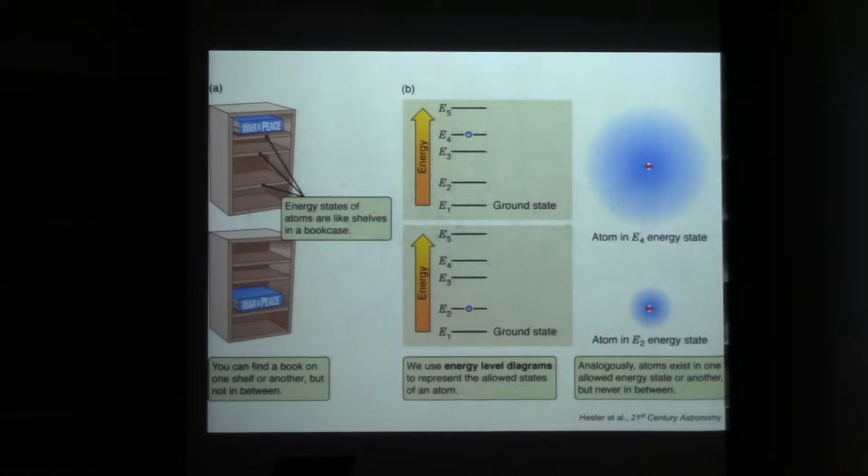And so we use energy level diagrams to illustrate the allowed states of the atom. So you've got a ground state, which is the lowest possible energy, by analogy with gravitation, where I can't lower my energy below what it is on the ground. That's why it's called the ground state. And then you've got all these excited levels that the electron can be in.